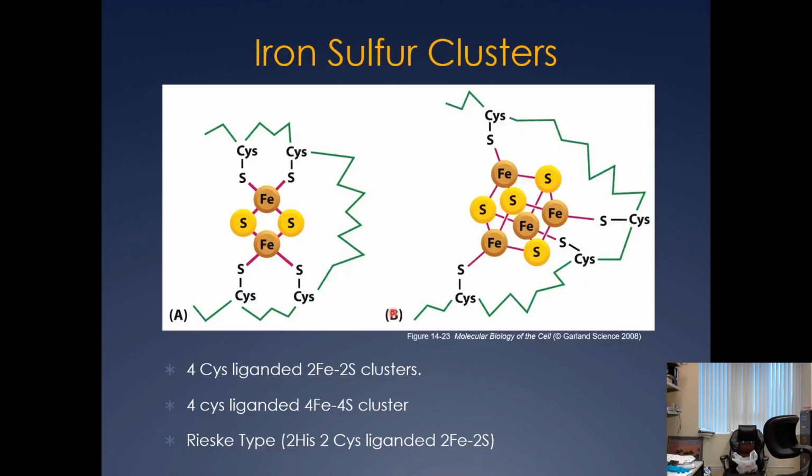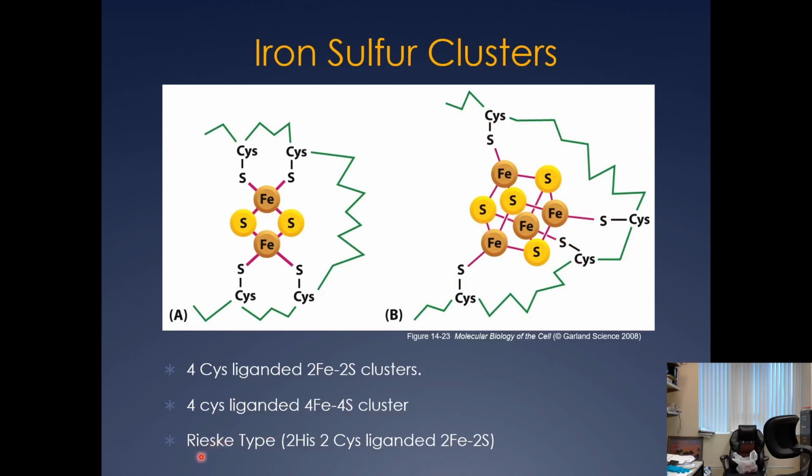Here's the iron-sulfur clusters. They come in sort of 3 varieties. 2 are shown here. You have a 2 iron, 2 sulfur, so 2 irons and 2 sulfurs, and this is liganded by 4 cysteines, and the sulfurs from the cysteines make this 2 iron, 2 sulfur. You can also have a 4 iron, 4 sulfur cluster where you have 4 irons and 4 sulfurs, and this is also liganded by 4 cysteines.